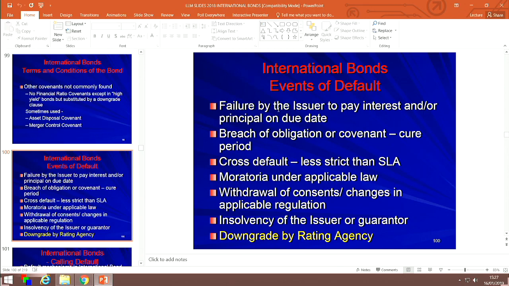Any thoughts? Do you have to worry about the width and breadth and length of your cross-default clause?